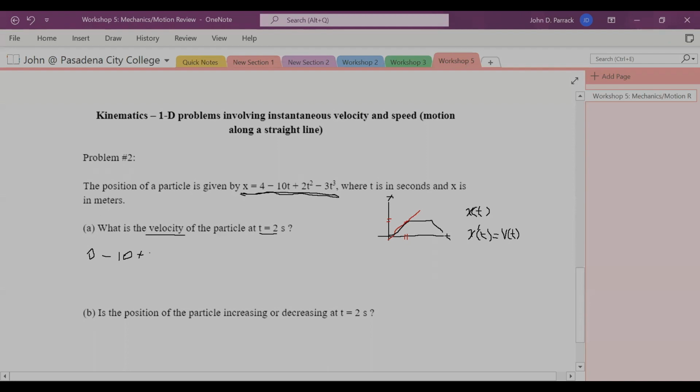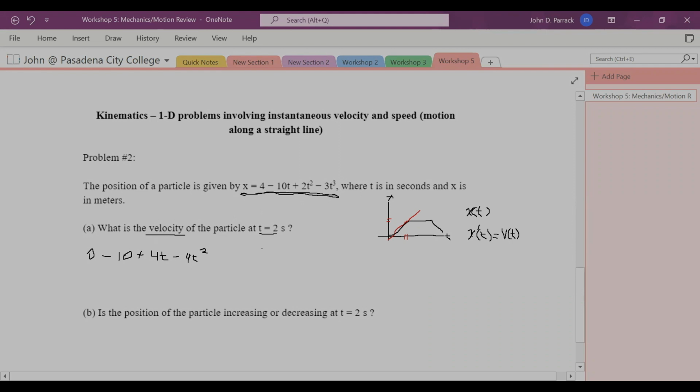We do 2 times 2 is 4 times t. If it looks like any kind of magic, what I'm doing, then just review your calculus. Specifically, look at the power rule. I'm just following the power rule to quickly obtain the derivative. This is 3 times 3 is 9. t to the 3 minus 1 is t squared. Okay, did I do that right?